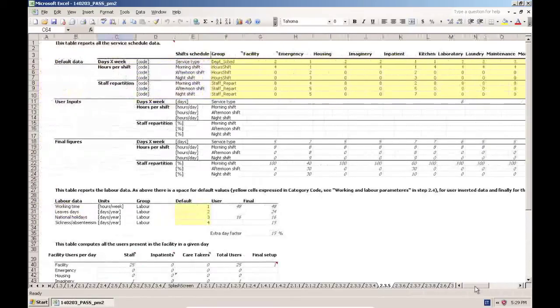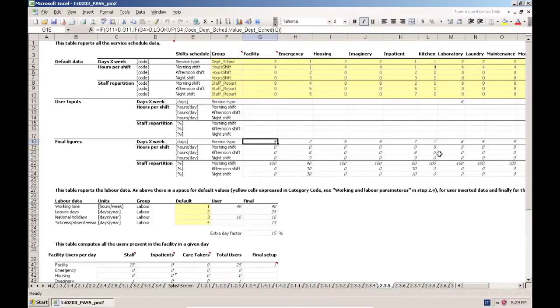And finally, there is this last block of the table where, through formulas, regular Excel formulas, for example, the real numbers are extracted from the code.